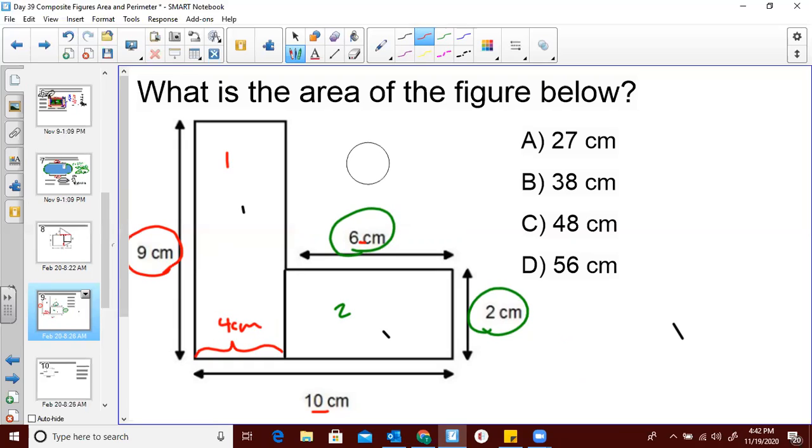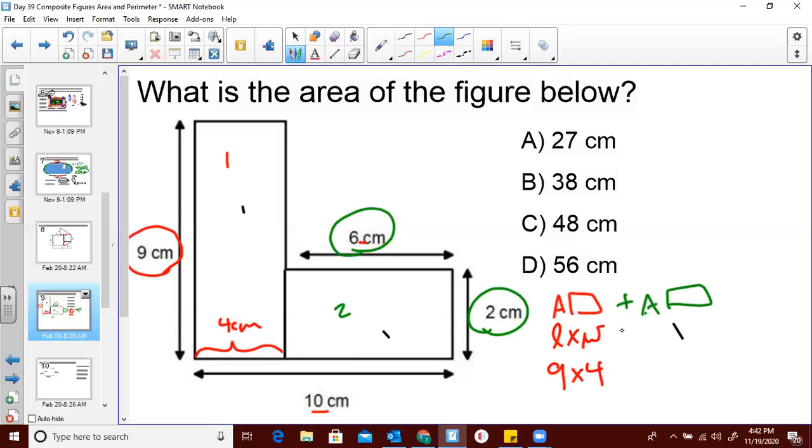All right, from here, all I have to do is use my formulas. Now remember, guys, you want to make sure you have that formula sheet. So the area of my first rectangle is going to be length times width. And in this case, it's going to be 9 times 4. And I'm going to go ahead and add that to the area of my second rectangle, which is going to be length times width.